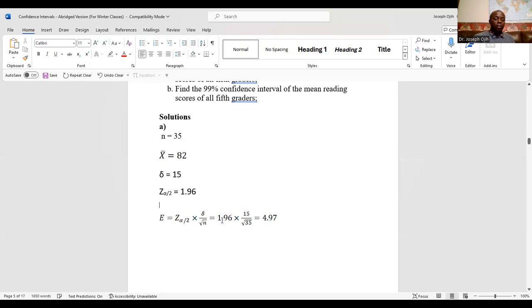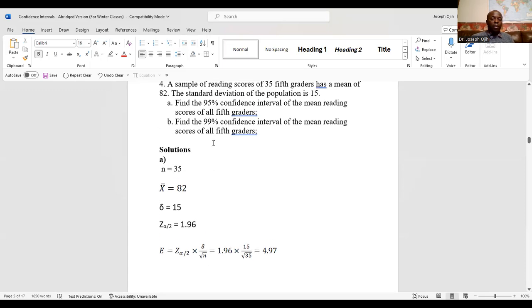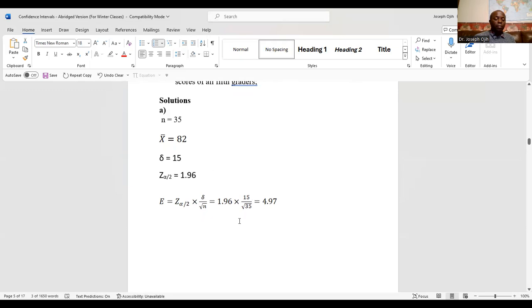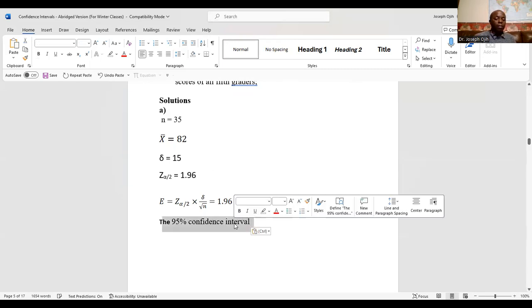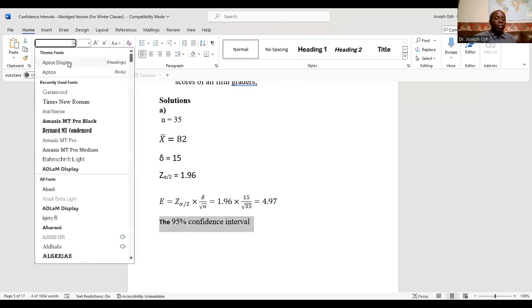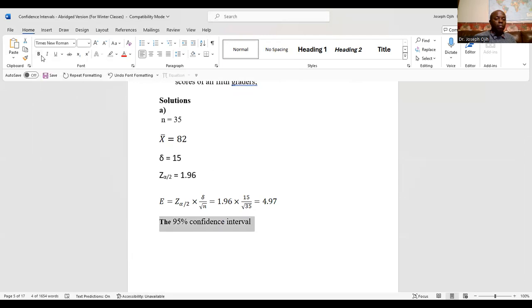Now we're looking for the 95% confidence interval, which is given by this formula.